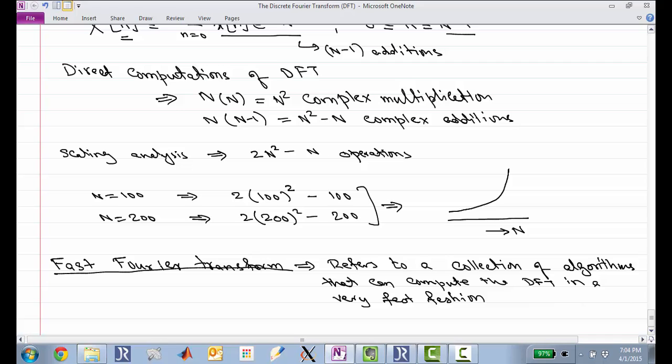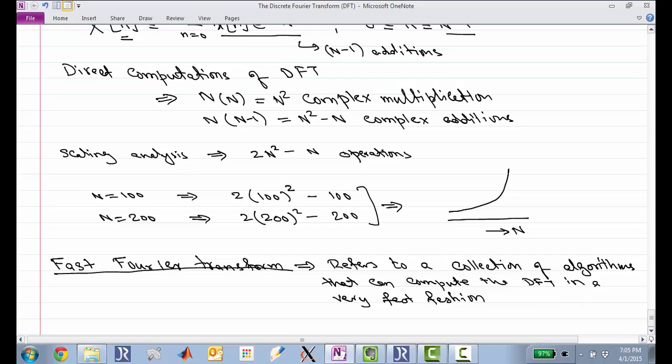Now you can go and read about how fast Fourier transform performs. It basically uses a strategy of divide and conquer. It keeps on dividing your DFT sequence into 1/2, and then it effectively goes to the bare knuckle 2-point DFT. Now 2-point DFT is very easy to compute, and then it sort of builds up from that.